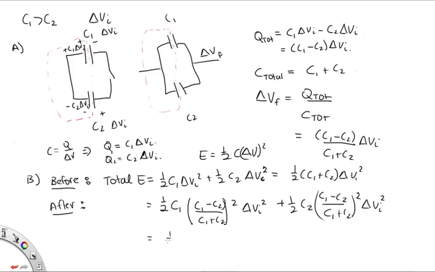So we can write this as a half C1 plus C2, C1 minus C2 over C1 plus C2 squared delta VI squared.